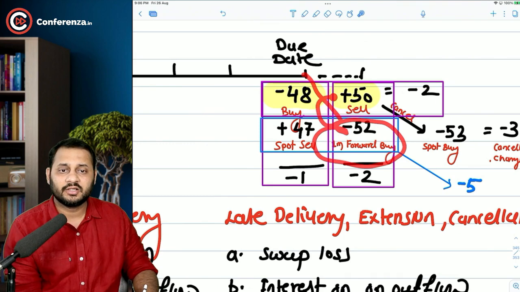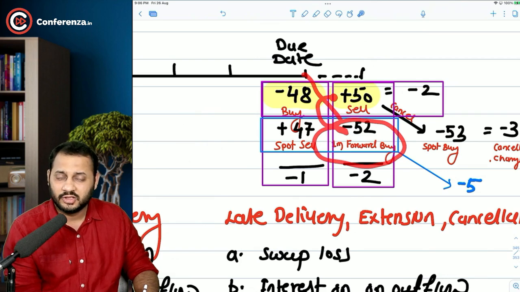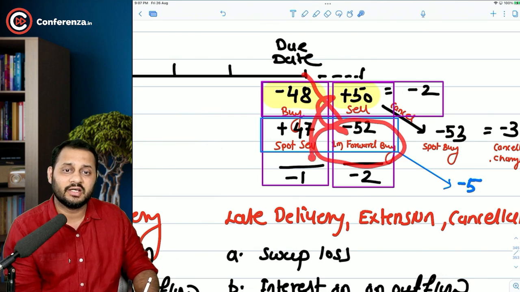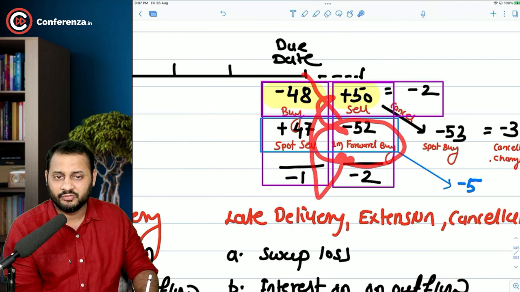So if the customer comes after some days, let's say for example, a couple of days. So at that time we will have to sell the dollars to the customer, and at that time we will need the dollars. That's why we are making a provision that the closest forward contract, we will take the closest forward contract as a swap contract. So 1 month forward buy has been taken, the closest by the bank.